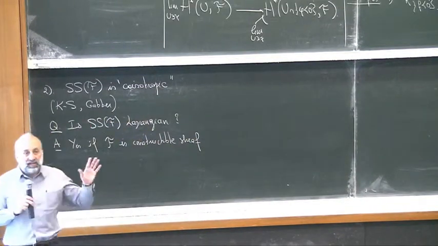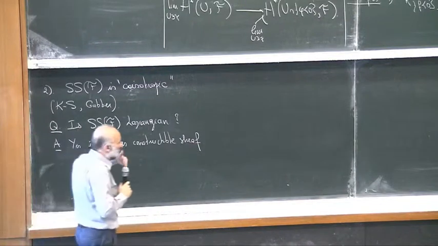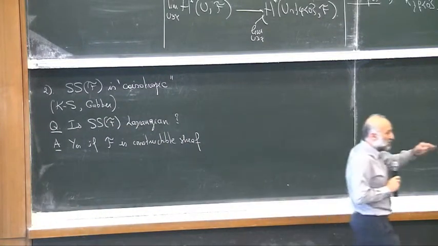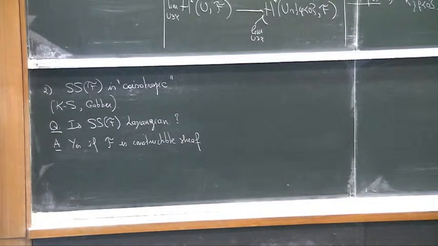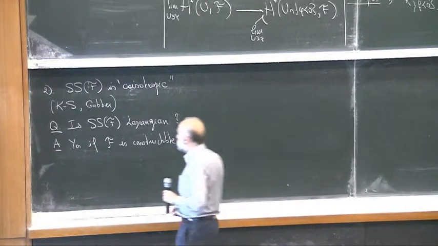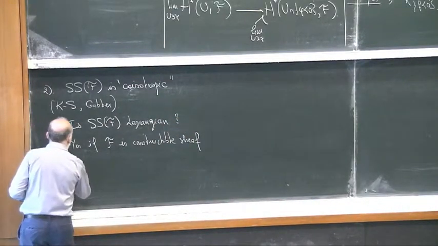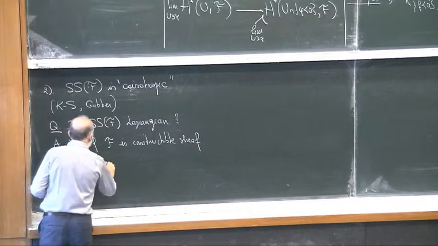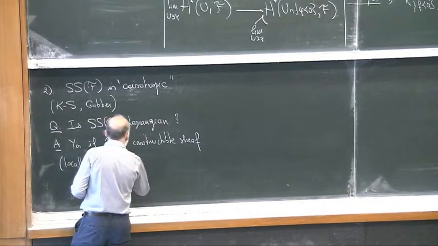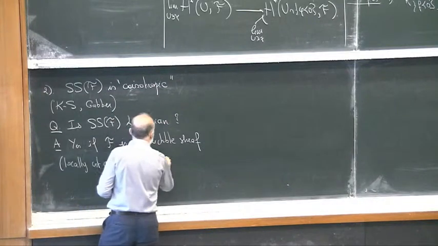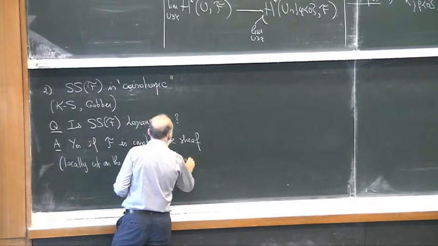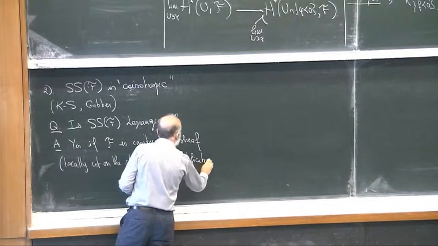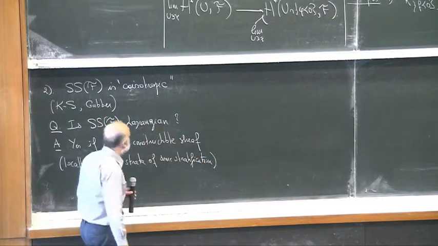I don't want to explain in detail what constructible sheaf means, but it means that there's a stratification of the space such that on each stratum the sheaf is locally constant. So this means that it's locally constant on the strata of some stratification of the space.